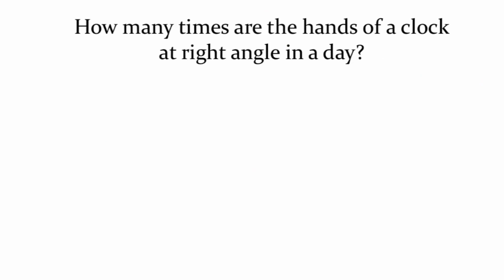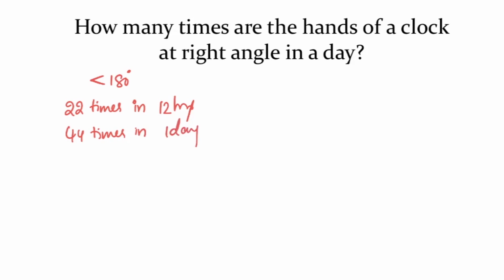How many times are the hands of a clock at right angle in one day? Already told you in the introduction, when the angle is less than 180 degrees, that happens 22 times in 12 hours and 44 times in 24 hours or 1 day.